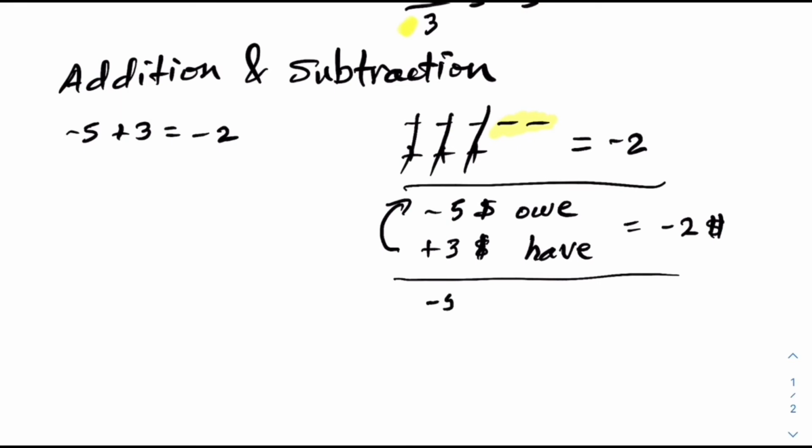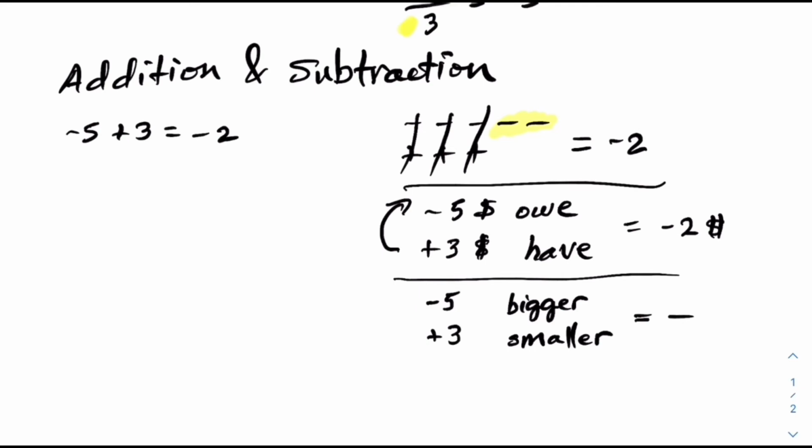Another way of looking at it is saying negative 5 is bigger and positive 3 is smaller. So the bigger always wins.